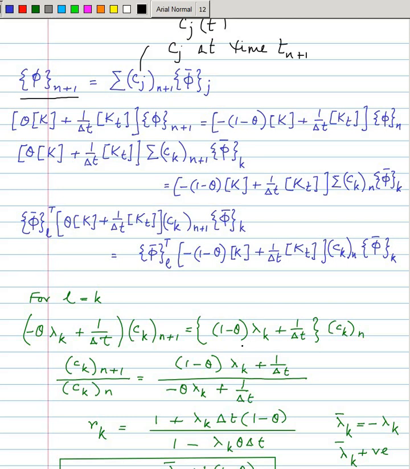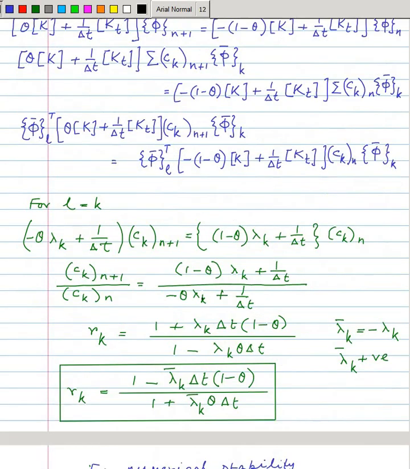Here in the right hand side also this, and this divided by this is equal to this divided by this. So this is actually the ratio of the coefficient at n plus 1 and at n.